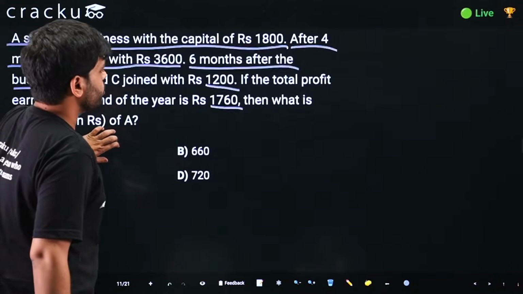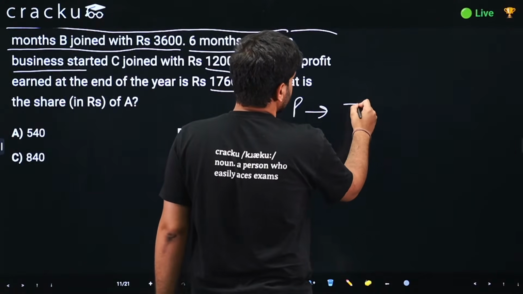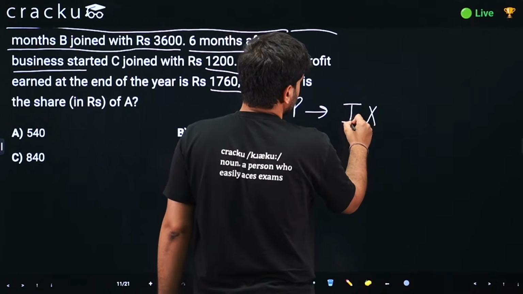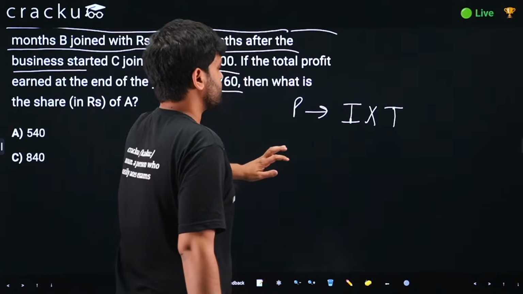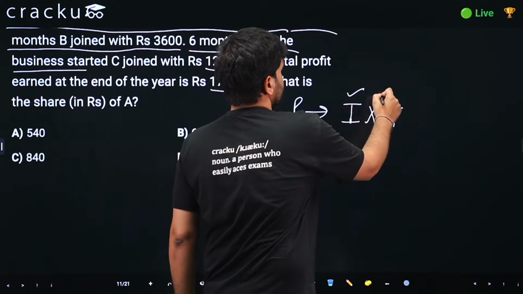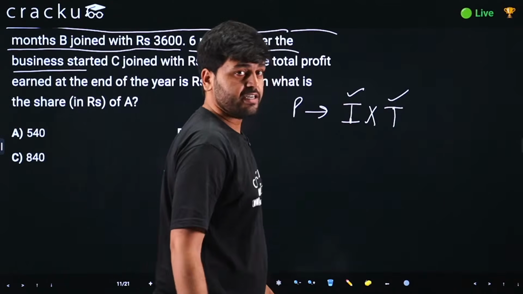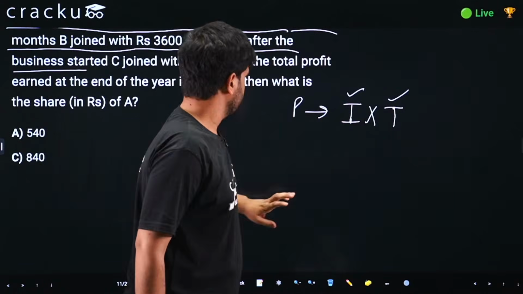Now, we already know that profit is shared in the ratio of investment into time. So for all the three people, let us calculate the investment and the time period for which they invested, and if we take the product, the profit will be in that ratio.